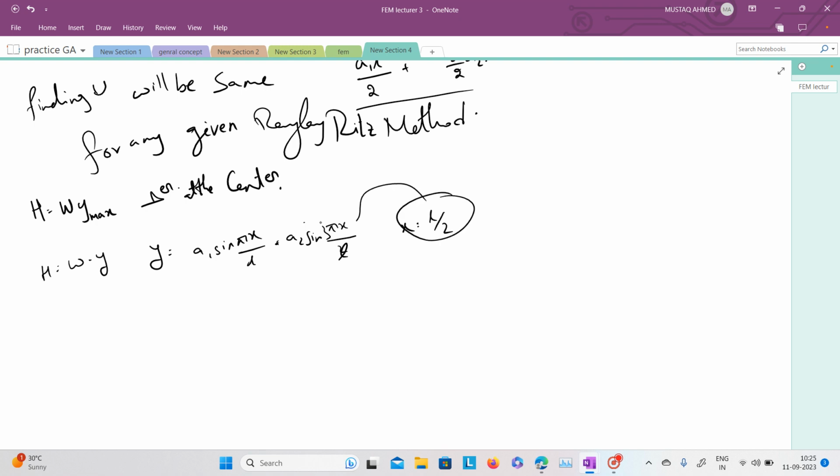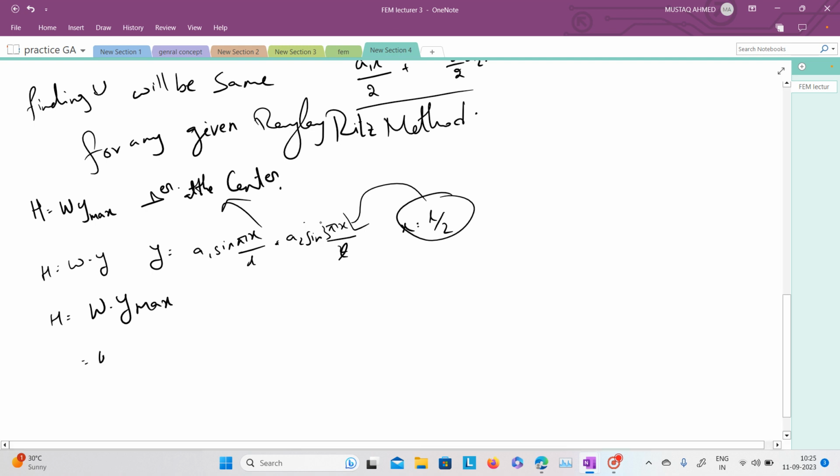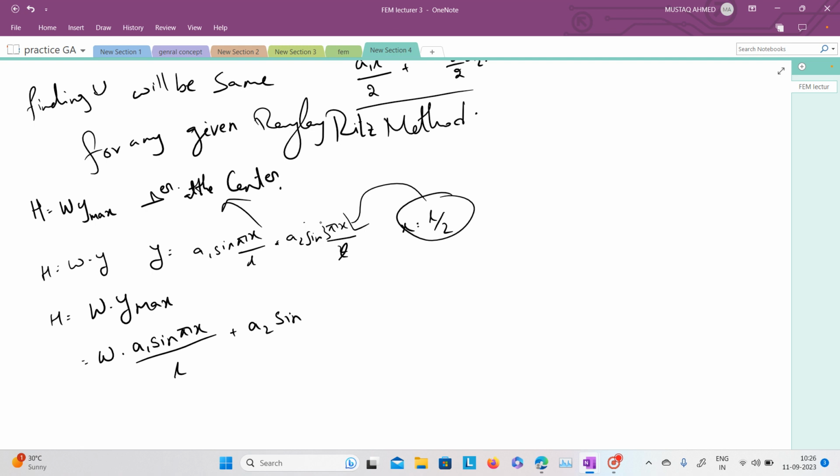Substitute x equal to l by 2 in this equation. Now h equals w into y max, where y maximum equals w into y, which is a1 sin pi x by l plus a2 sin 3 pi x by l.